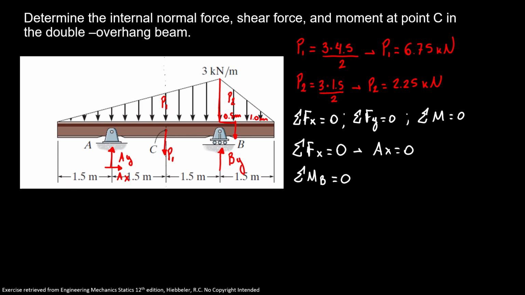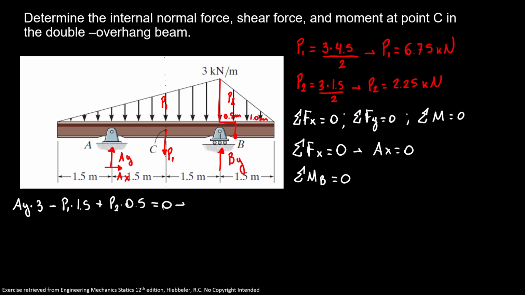So here I have AY times 3, that's my distance, minus P1 times 1.5 plus P2 times 0.5, that's our distance, is equal to 0.